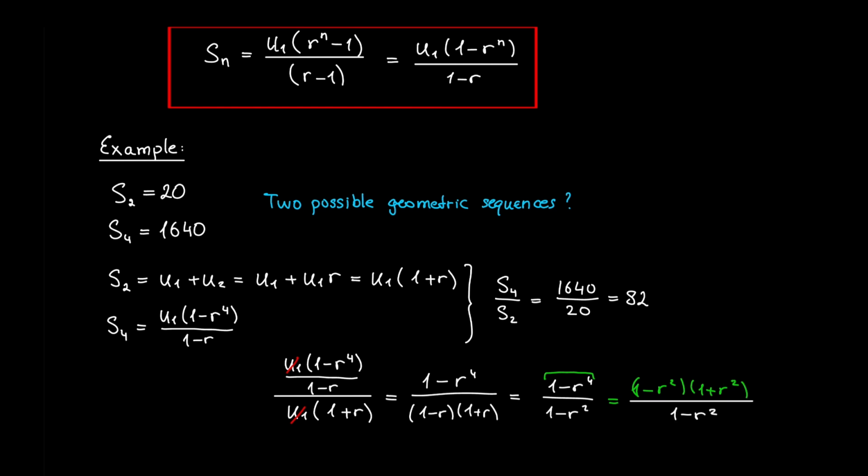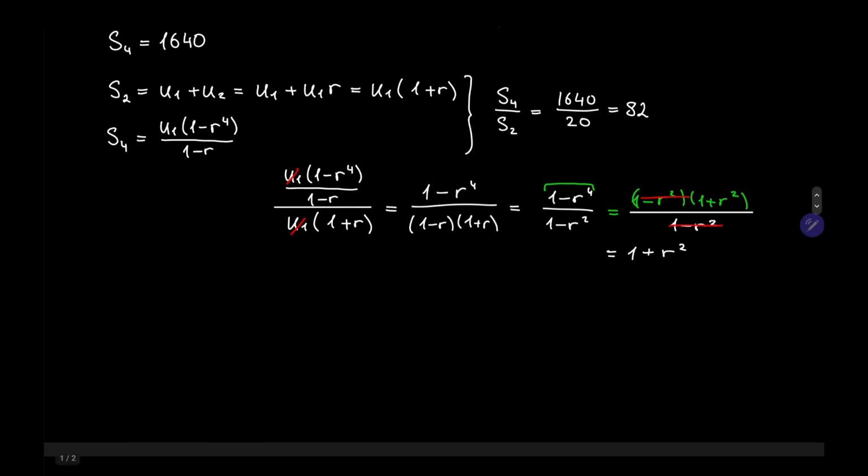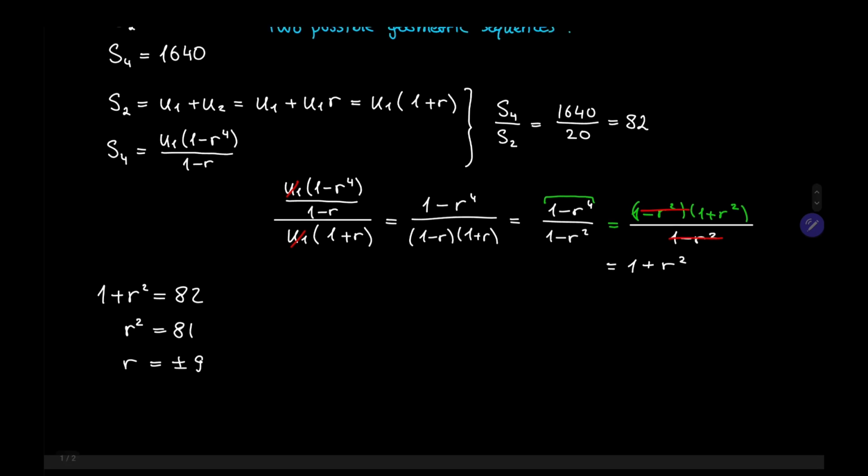Then when divided by 1 minus r squared, these two factors will cancel out, and all we'll have left is 1 plus r squared. So now that means 1 plus r squared is equal to 82. Thus, r squared is equal to 81, so that means the common ratio can be plus or minus 9.